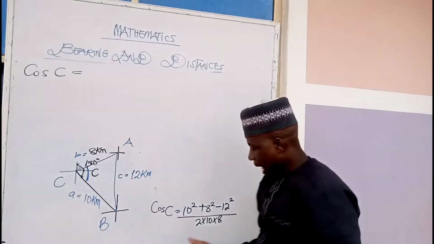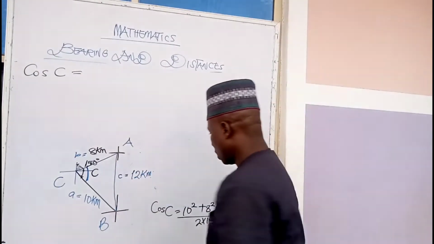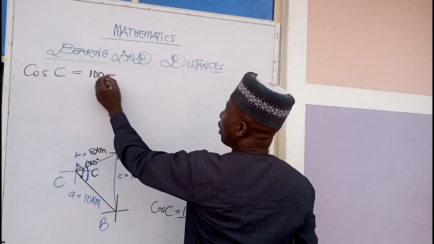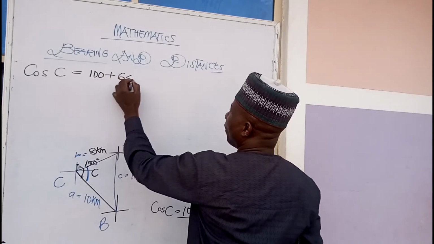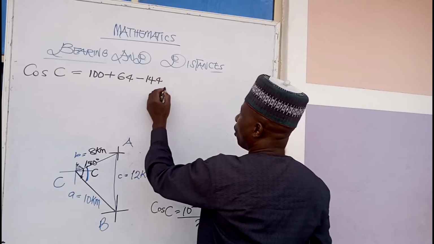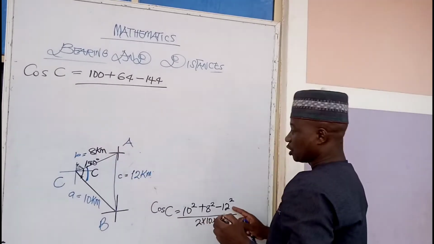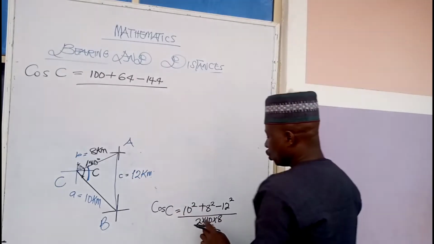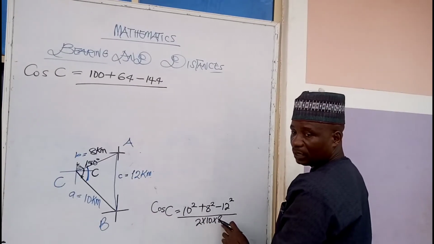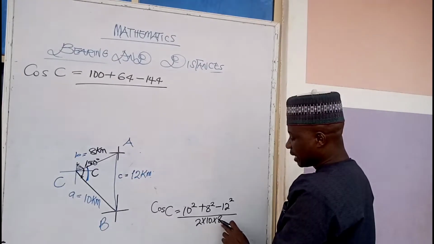Let's go. Now I have brought this here. Cos C, that's 10 squared, that is 100 plus 64 minus 144 all over, that is 12 squared, 144 all over 2 times 10, that is 20. 20 times 8.